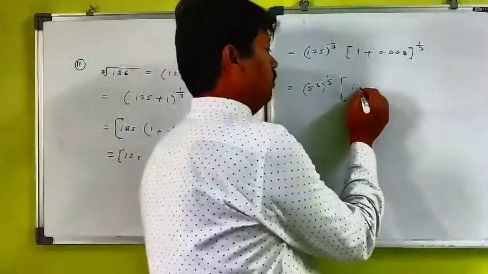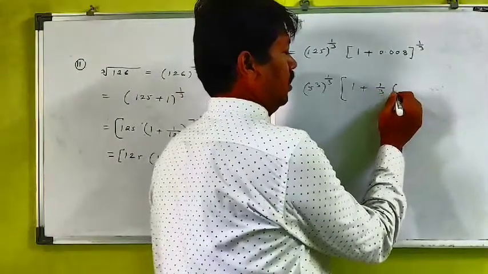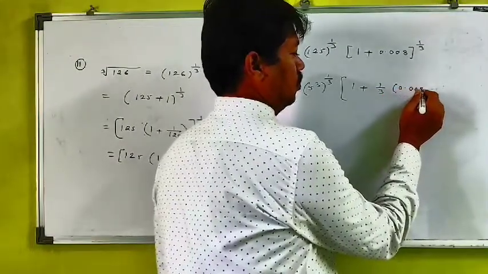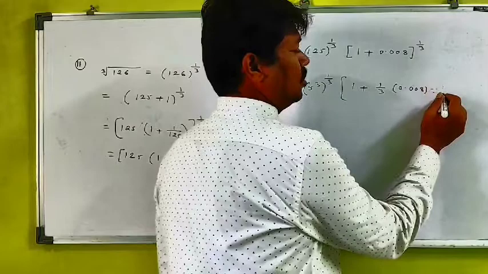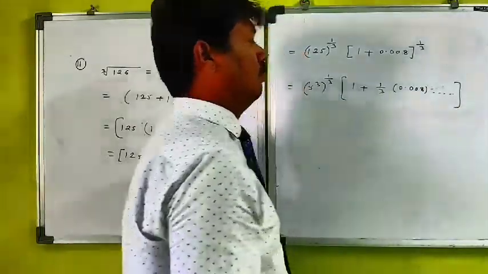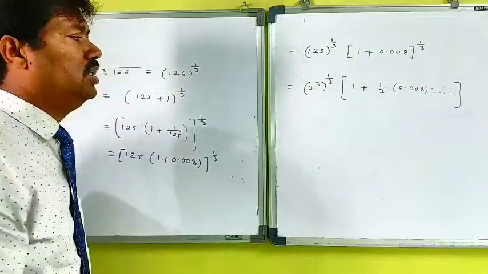So it is 1 plus 1 upon 3 into 0.008. And the next term is up to 4 places of decimal, so no need to calculate.